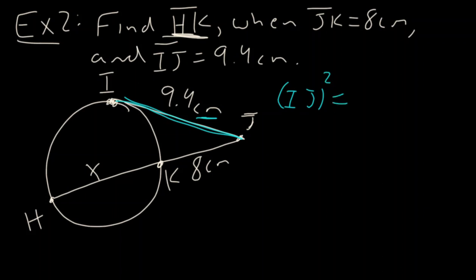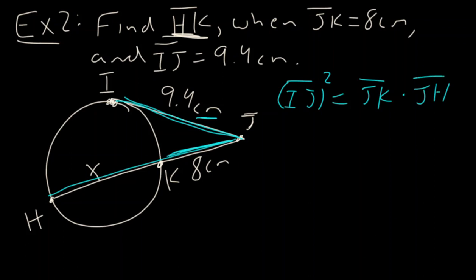So IJ squared is equal to, and then the next thing we'll have is our external secant, JK, times, now remember, for secants, the sooner you remember this, the better. It's always the external secant times the whole. And in this case, the whole would be made up of J and H.